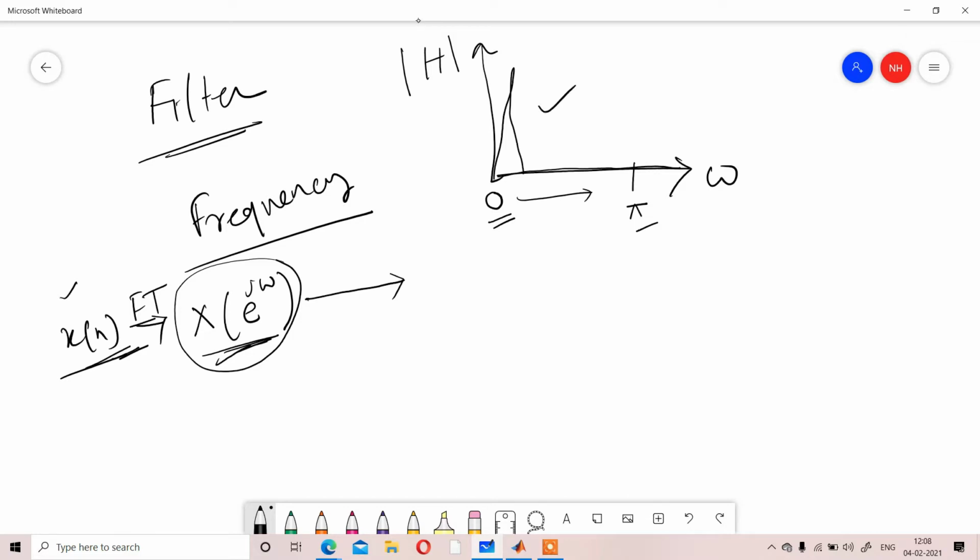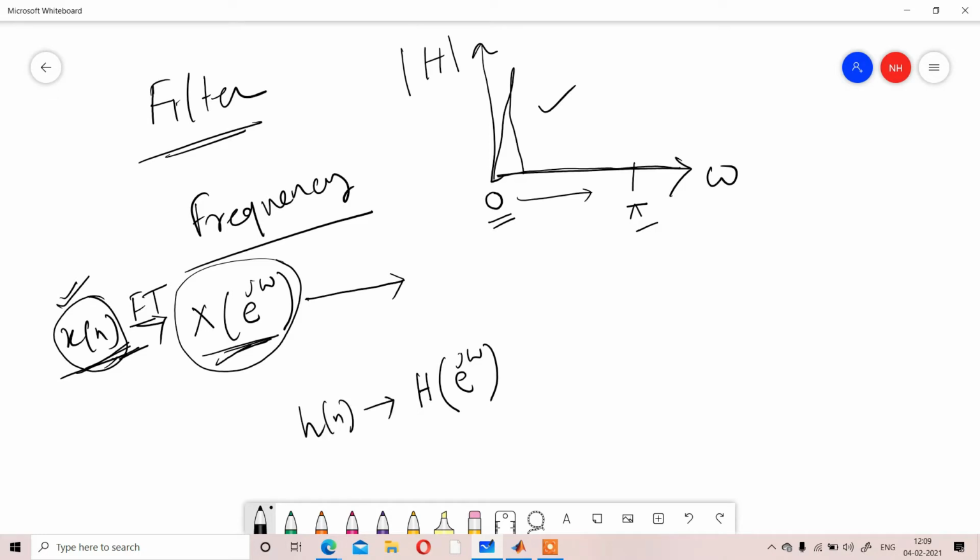whenever you represent x[n] in the frequency domain. Okay, so if you get that type of expression, from that expression using some specific operation, you will design a filter of some impulse response h[n] as H(e^jω).